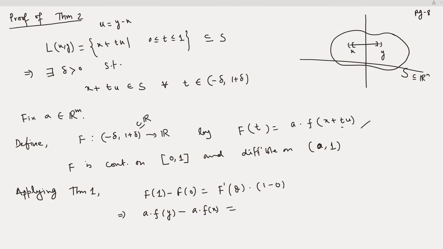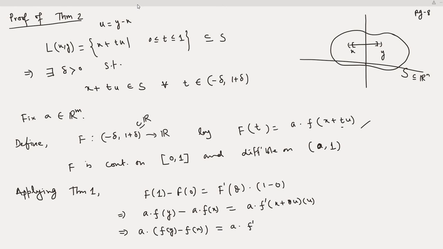And for the right hand side, here we use the chain rule of derivative. So this is equal to f prime of theta equal to A dot product with f prime of x plus theta u, so this is f prime acting on u. And this implies A dot product with f of y minus f of x, this is the left hand side, is equal to A dot product with f prime.